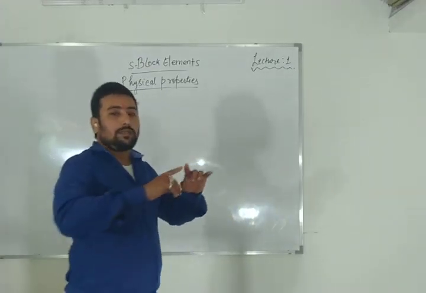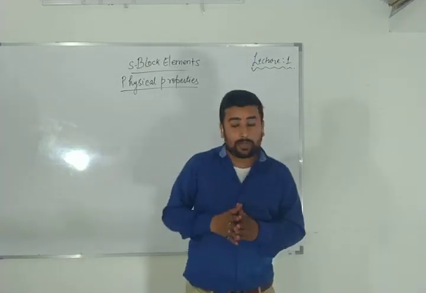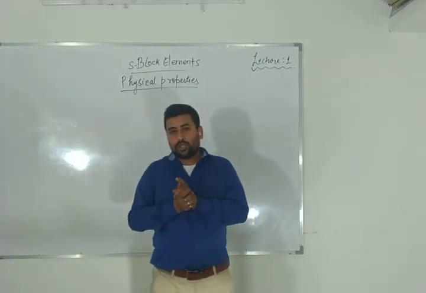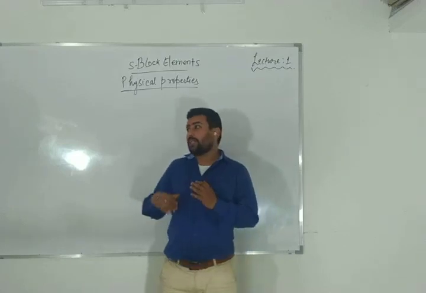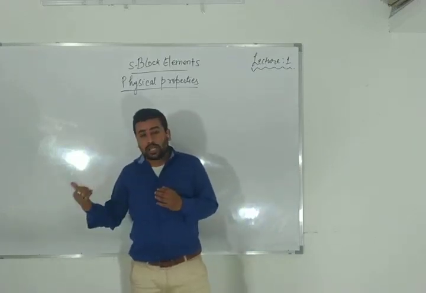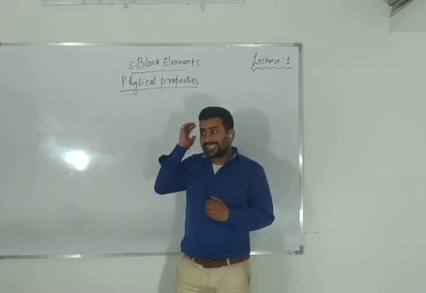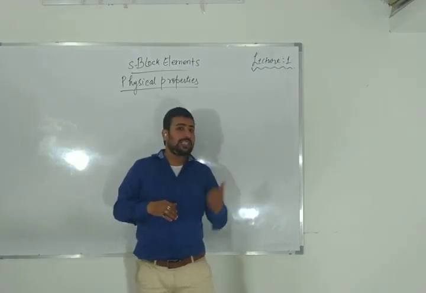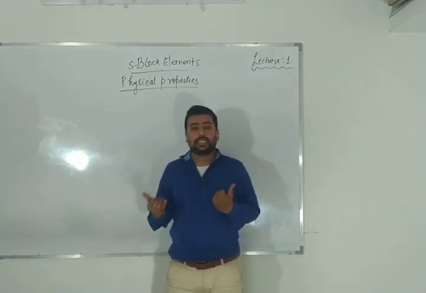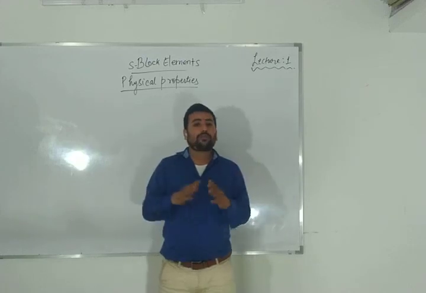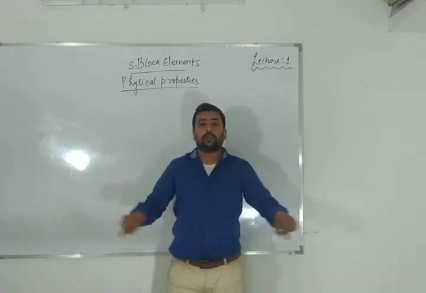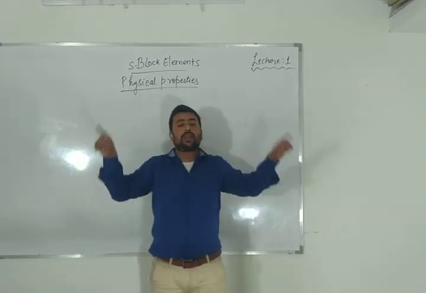These all the things must be drawn in your notebook in a table, so that while remembering what is the melting point of lithium, what is the melting point of sodium, what is the melting point of potassium, rubidium, cesium, that things can come in your mind. Ionization enthalpies from lithium to cesium, boiling point from lithium to cesium. These all things, if it will be represented in a table, that frame will come in your mind.